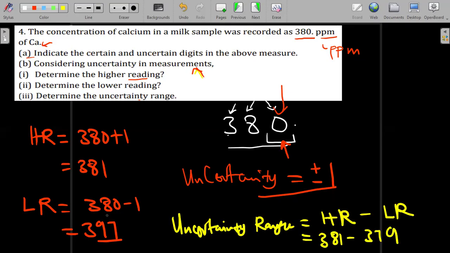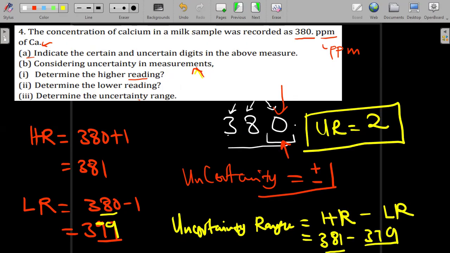It's supposed to be 380 minus 1, which gives us 379, not 97 there. So I made an error there, and I've corrected it. So the uncertainty range will be 381 minus 379. What is 381 minus 379? It's just going to give us 2. So our uncertainty range will just be 2.